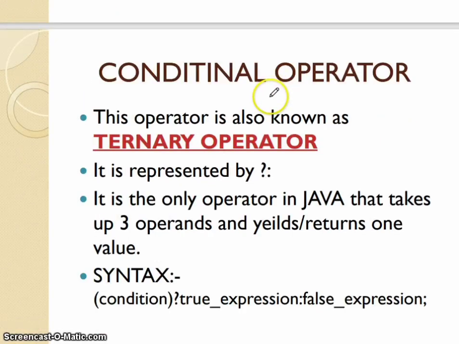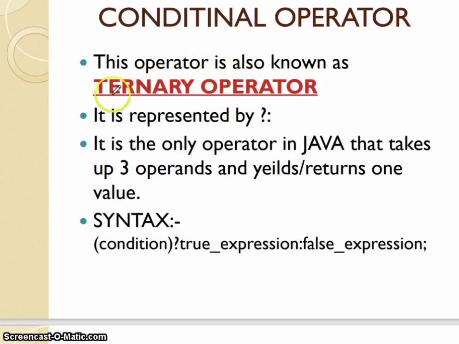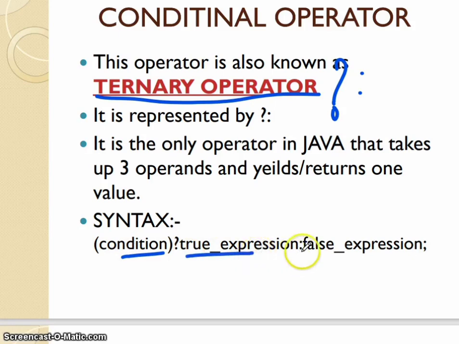Conditional operators. This operator is also known as ternary operator. It is represented by a question mark and colon. It is the only operator in Java which takes up 3 operands and returns only one value. The syntax is condition, question mark, true expression, colon, false expression.